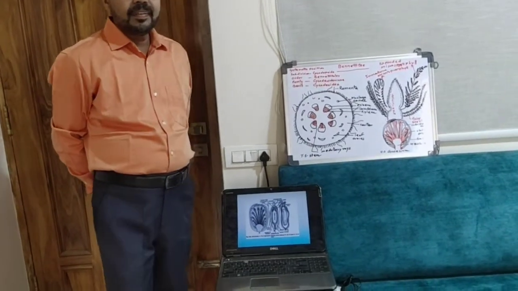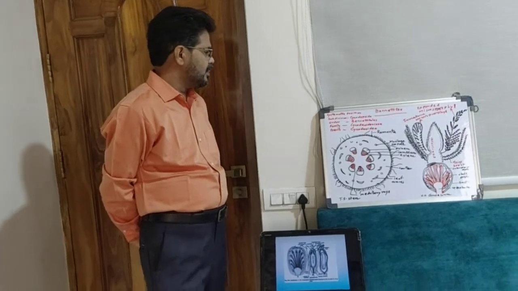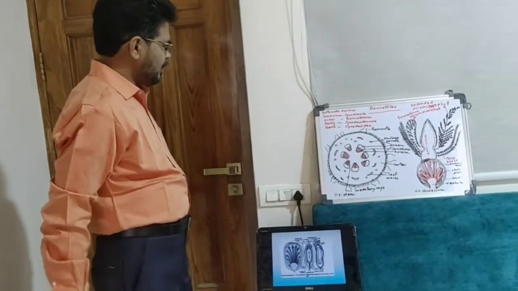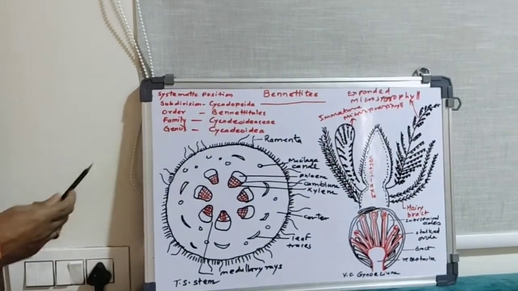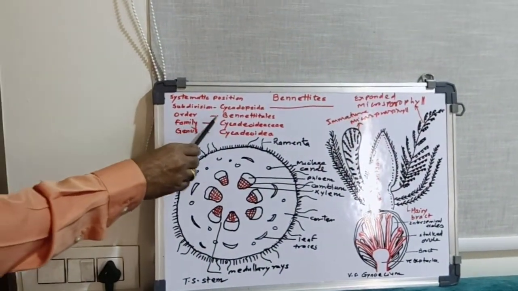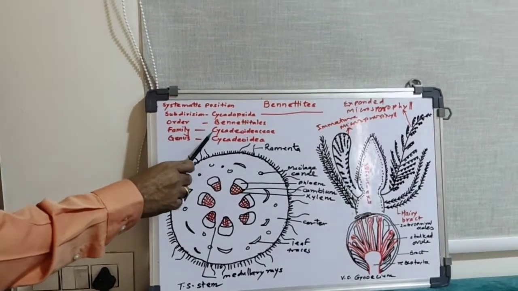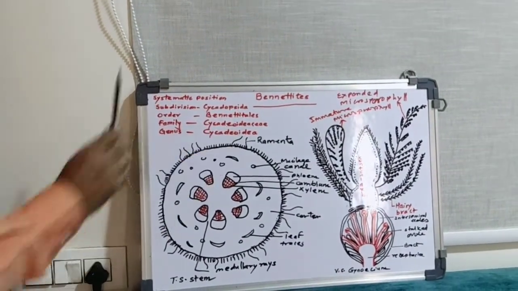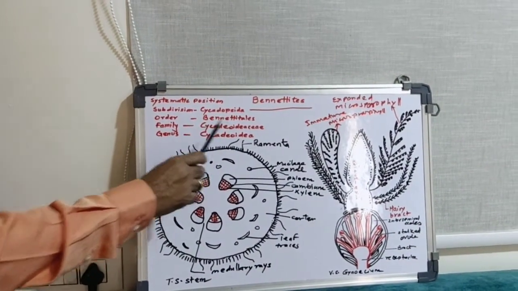Its systematic position is as given: subdivision Cycadopsida, order Bennettitales, family Cycadeoidaceae, and genus is named Cycadeoidea.